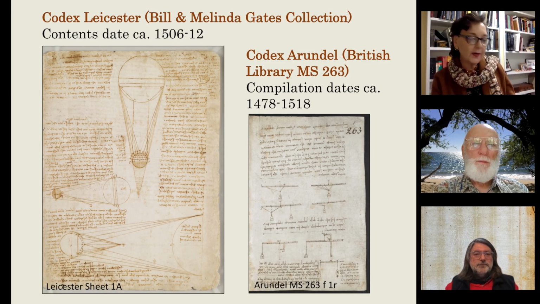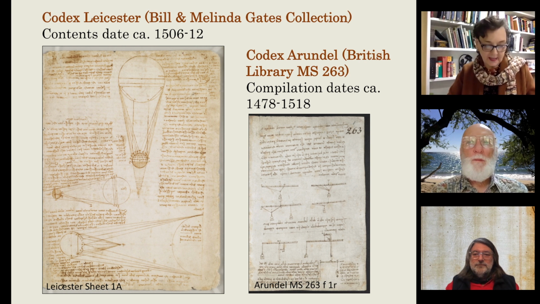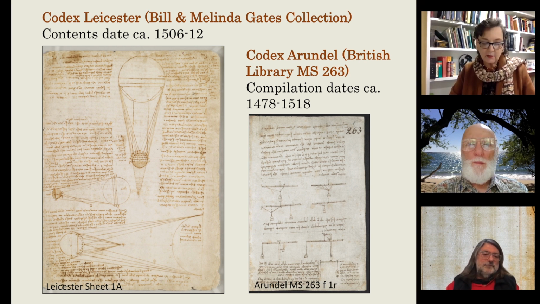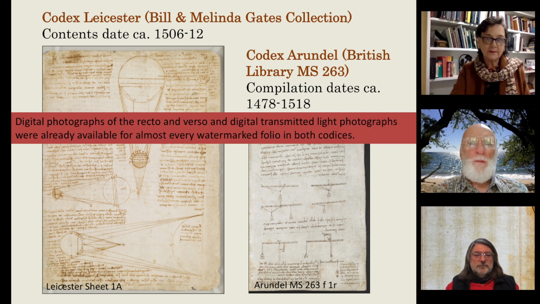The notebooks in question are the Codex Leicester, belonging to the Bill and Melinda Gates collection, and the Codex Arundel, belonging to the British Library. The two notebooks differ in several ways, namely their dimensions, the number of folios, and how they were compiled. However, they're excellent candidates for computational coding for three reasons.